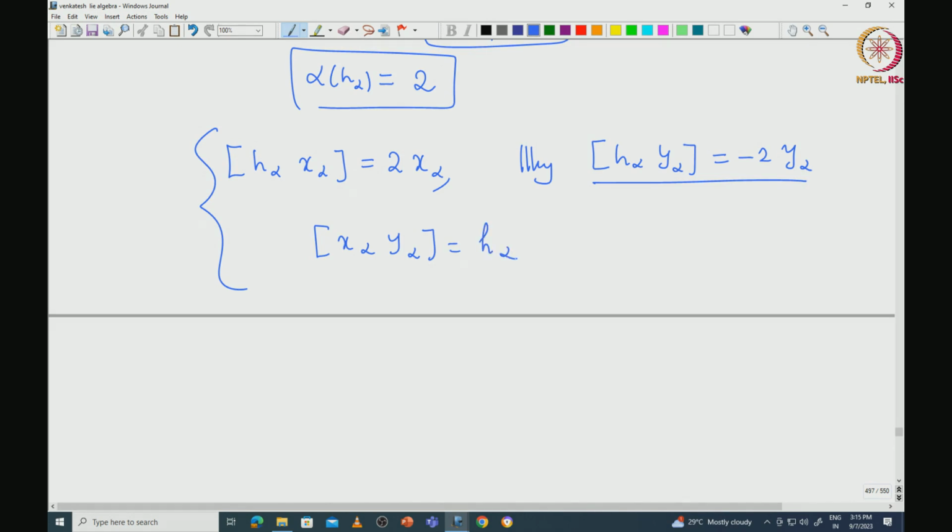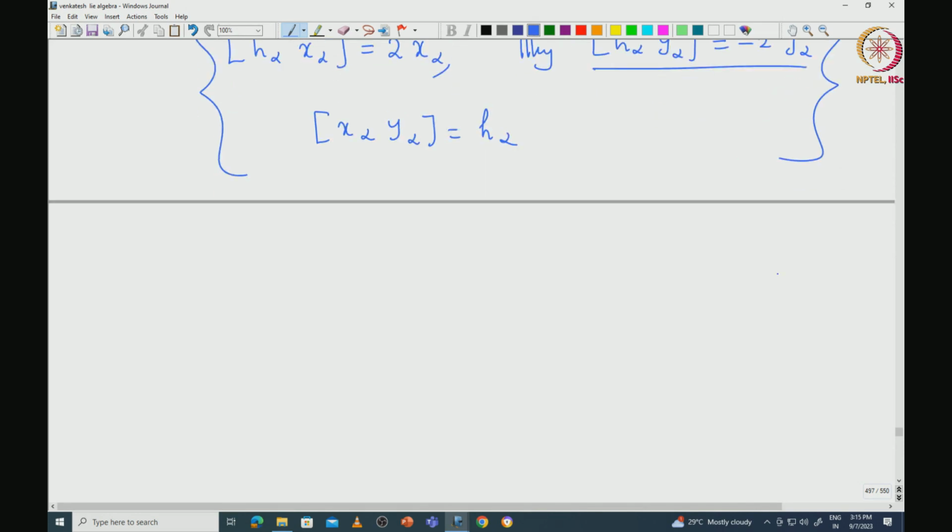So this is exactly the product table for SL2C. That means the span of x alpha, y alpha, h alpha must be isomorphic to SL2C.